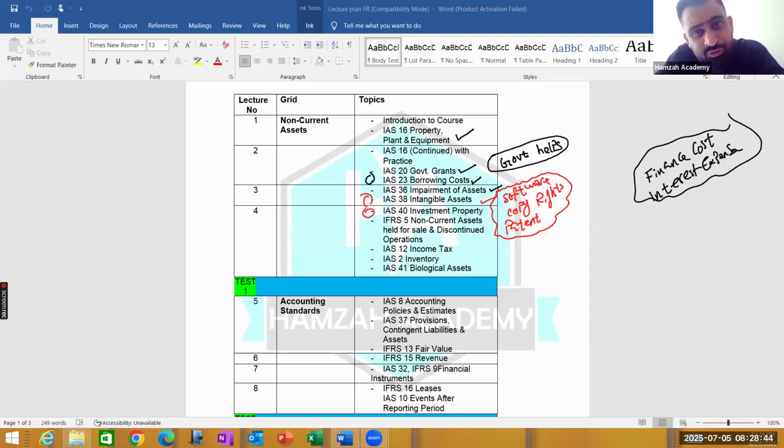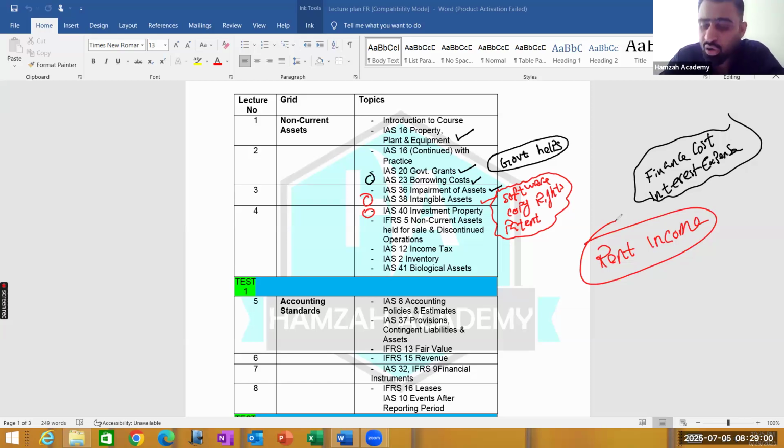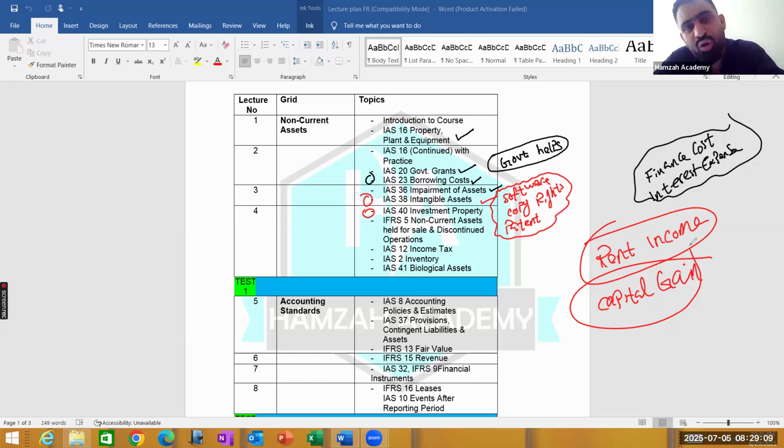But there is another type of property which is held for rental income purposes, or maybe held for capital gain. Such properties held for rental income or for capital appreciation are known as investment property, and such property we account for under IAS 40.